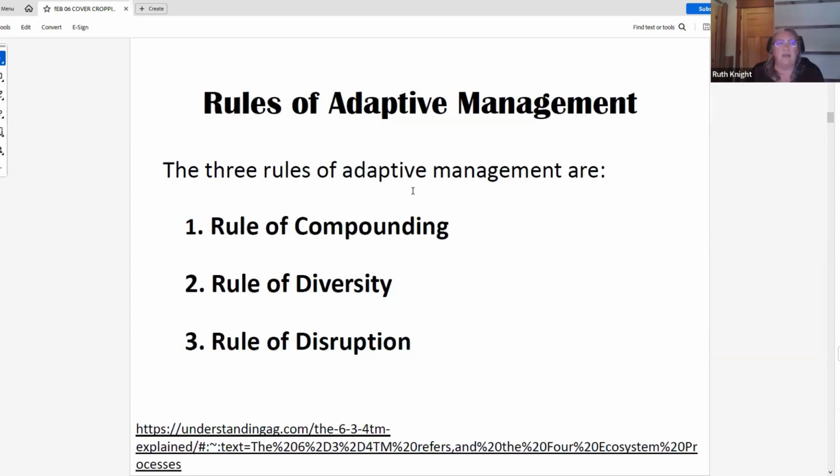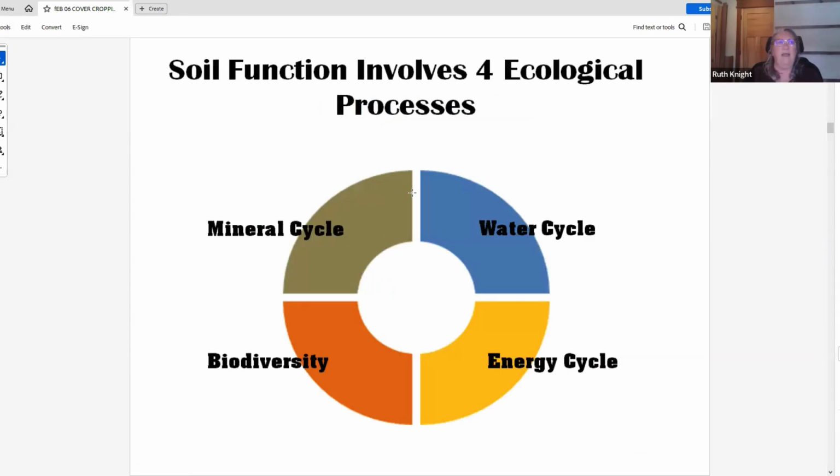So basically, if the soil is not covered with cover crops, basically a managed weed, you might call them, the weeds that you may not particularly favor in your cropping system have the opportunity to fill in that niche. And then again, the soil function.